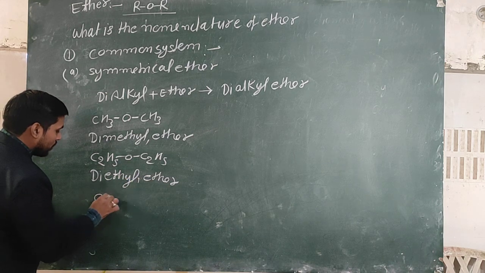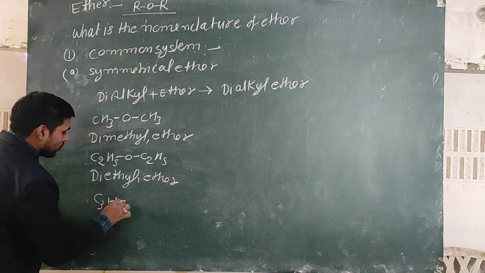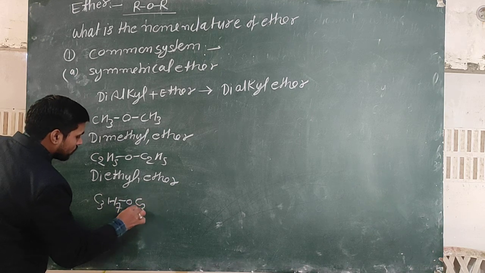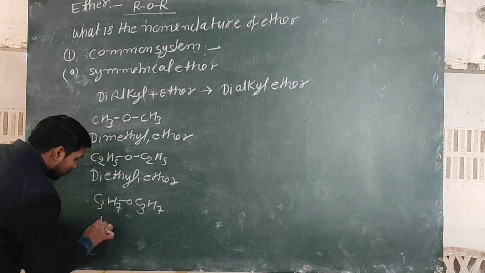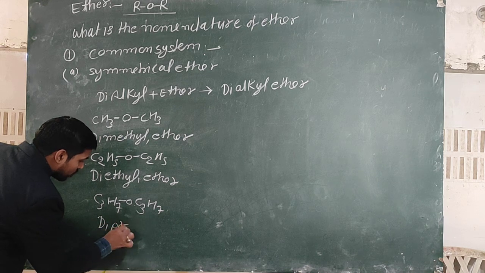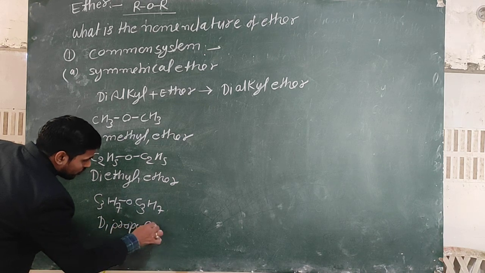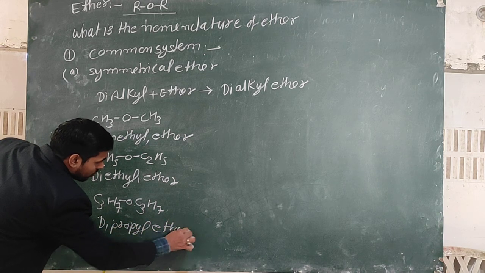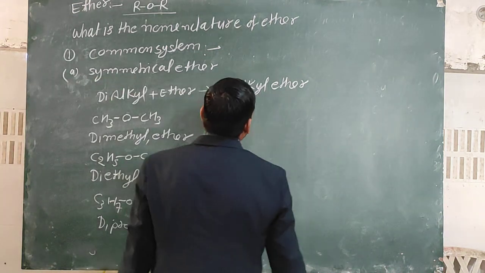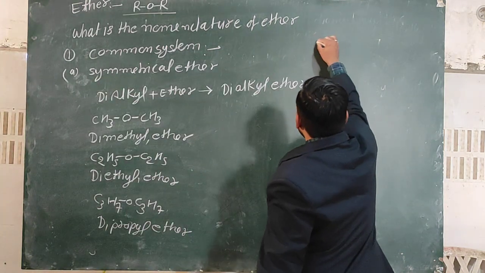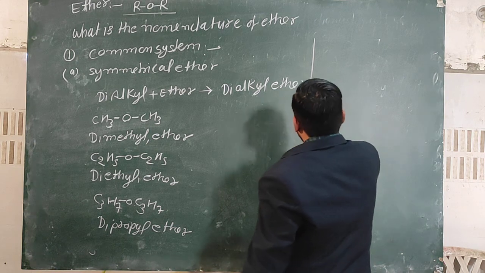Like C3H7OC3H7, its name becomes dipropyl ether.